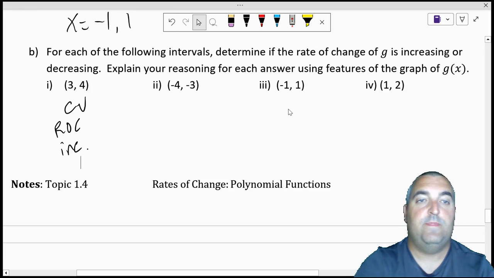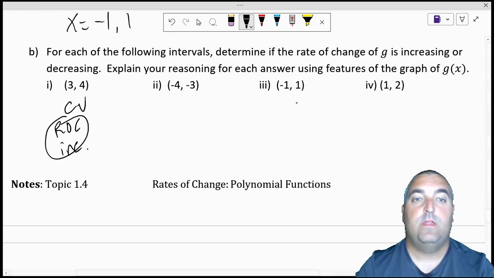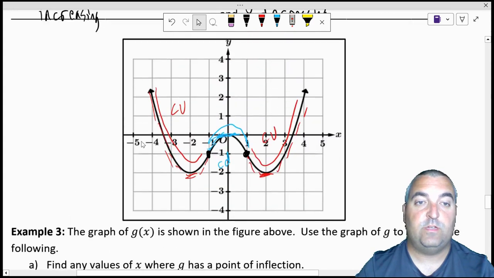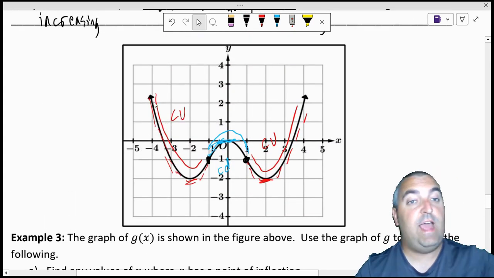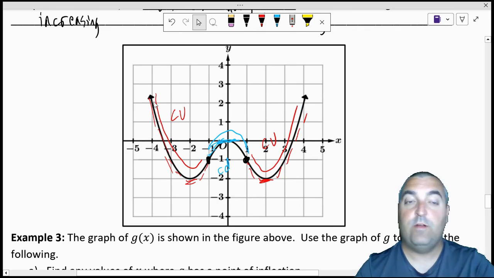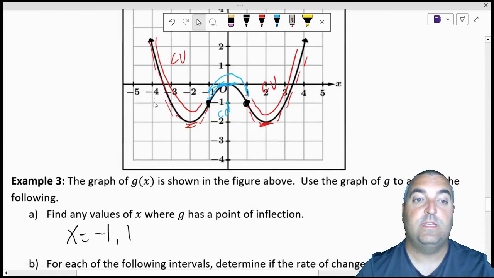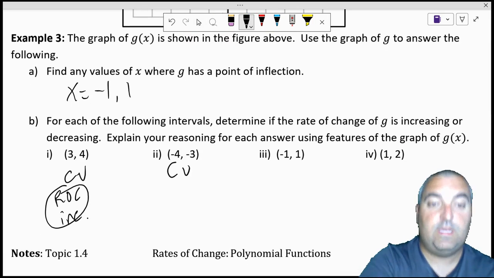Okay, and there's our answer. Next, -4 to -3. Again, this is another concave up part. Even though the graph is decreasing, we don't care about the graph itself, we care about the tangent lines. So since it is concave up, the rate of change is increasing.